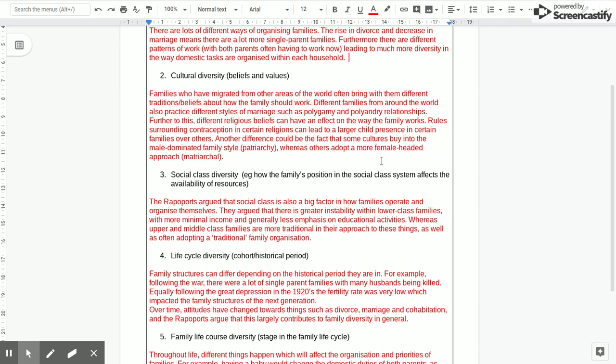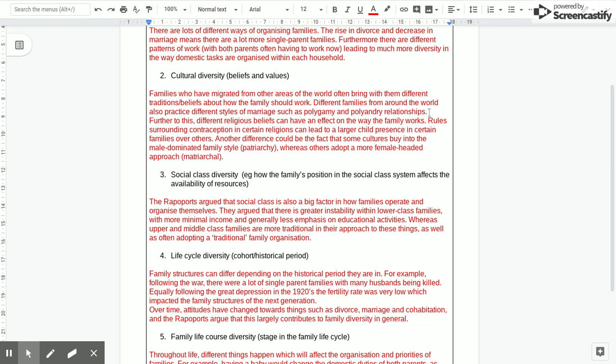Okay, so what it's referring to is the fact that depending on your culture, you could have a different family because of that. Okay, so for example, families who've migrated to the UK from different parts of the world will bring with them different traditions and beliefs about how the family should be set up. Okay, an extreme example could be the fact that different parts of the world practice different types of relationships.